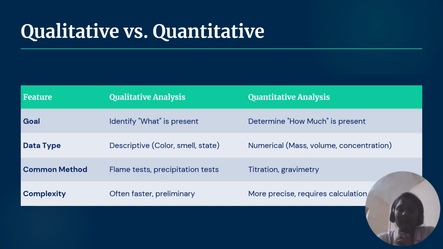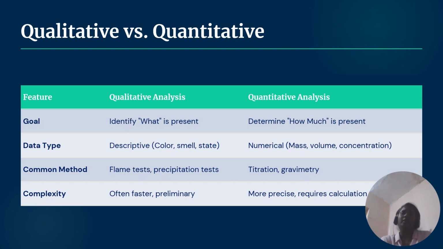Common methods in qualitative analysis are the flame test and precipitation test, while in quantitative analysis they are titration and gravimetry. There are more examples, but I have chosen the best.